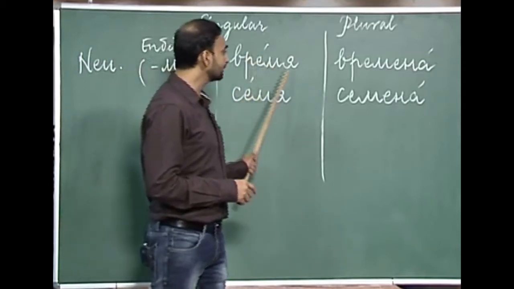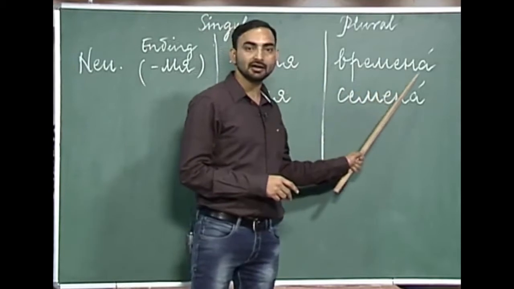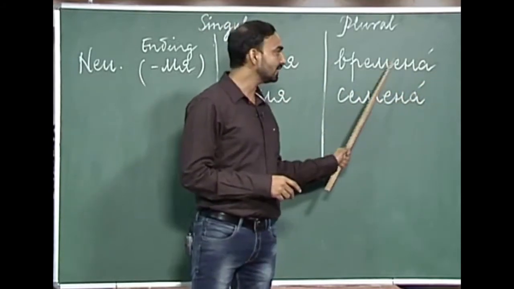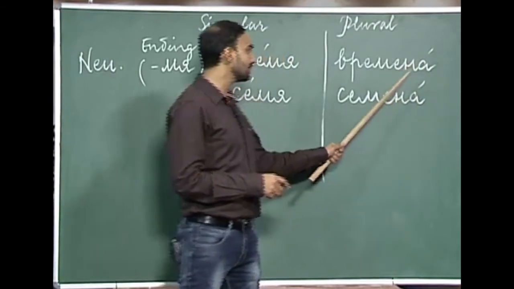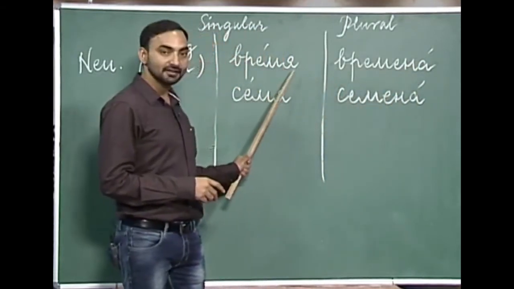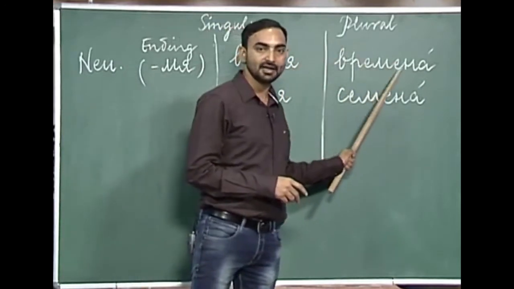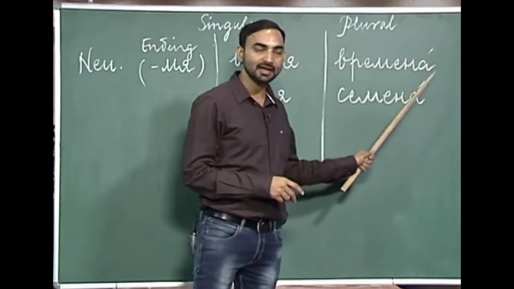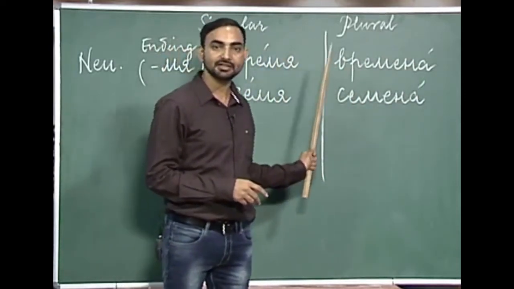So, how do we form plurals of these two neuter gender nouns? What we do is, we replace ya with ye, na, a. So, there are three letters we are replacing in place of ya, and that is how we make plurals of mya ending neuter gender nouns.